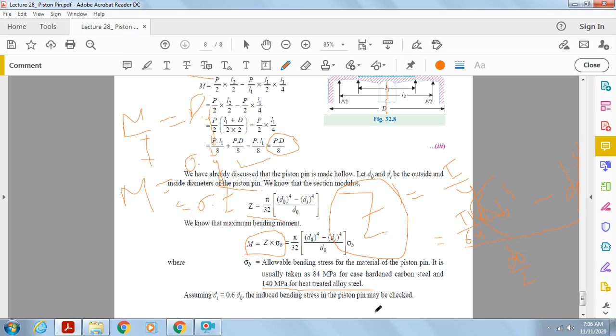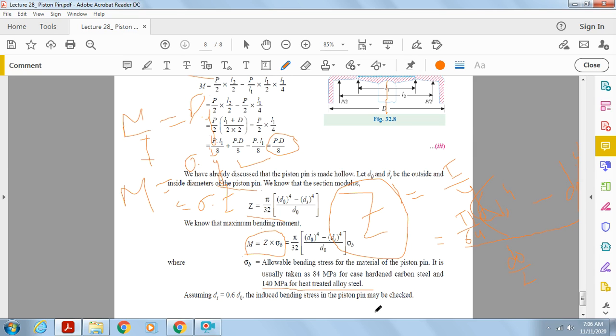For both types of material, I have mentioned the allowable bending stress value. In your numerical, the value of sigma will not always be mentioned, so in that case you have to remember this data.